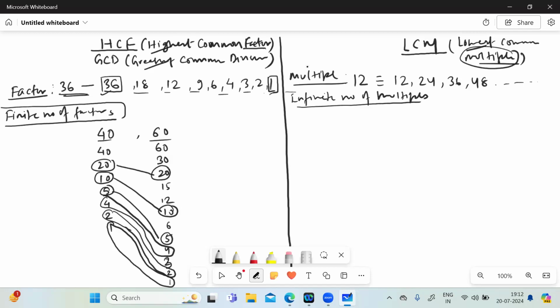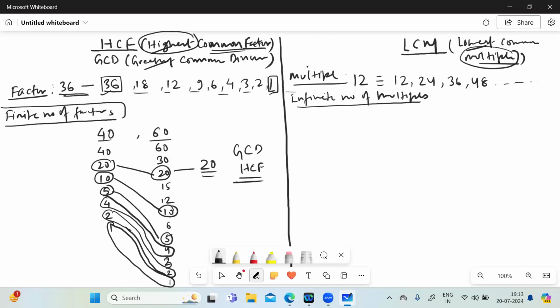That's all. Okay. So out of all these common factors, the highest is 20. So 20 is the GCD or HCF of these two numbers.